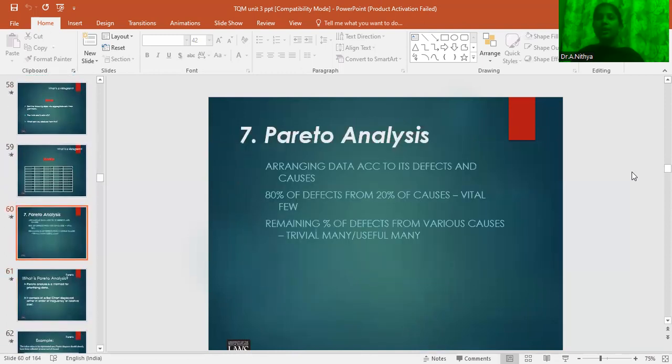What is Pareto analysis? Arranging data according to its defects and causes. That is, 80% of defects come from 20% of causes, known as the weighted view. The remaining percentage of defects from various causes is said to be trivial many.